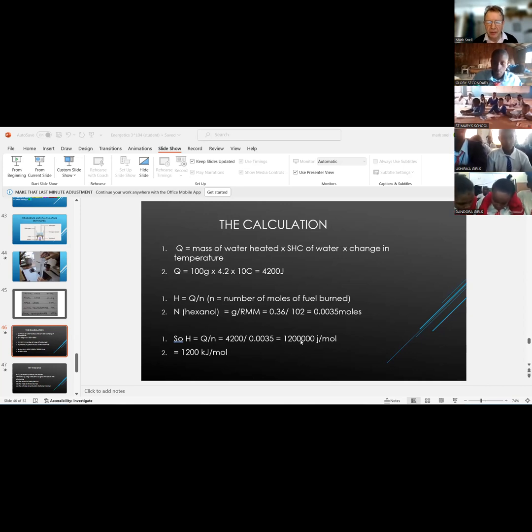So I divide by 1,000 and it gives me the answer, 1,200 kilojoules per mole. Okay, so all I needed was the mass of the water, the value which they give me, the temperature change, and then divide that by the number of moles. It should be turned into kilojoules per mole, but that's it.